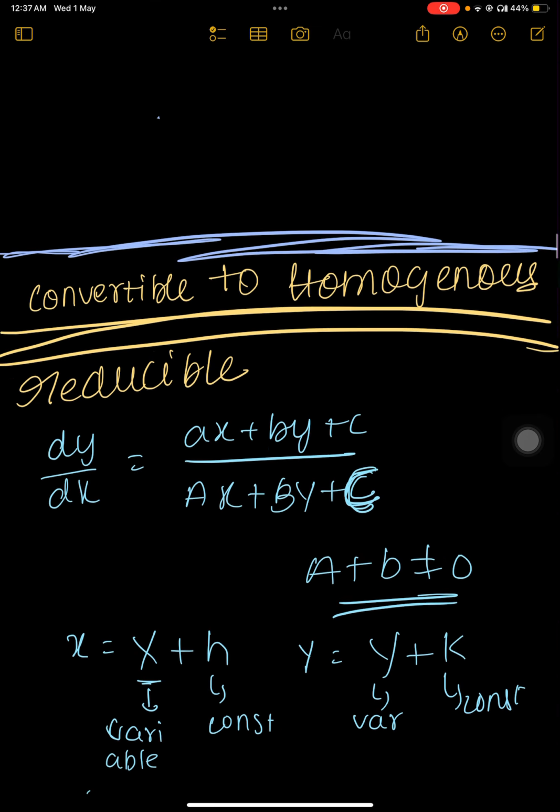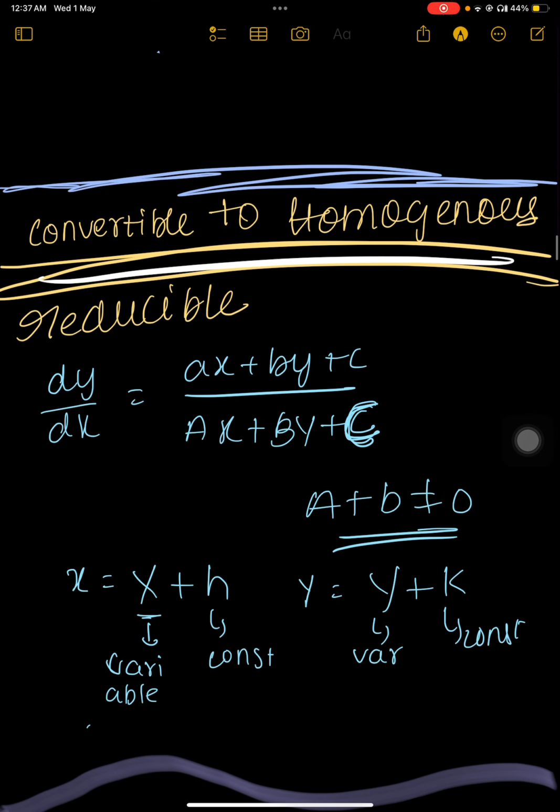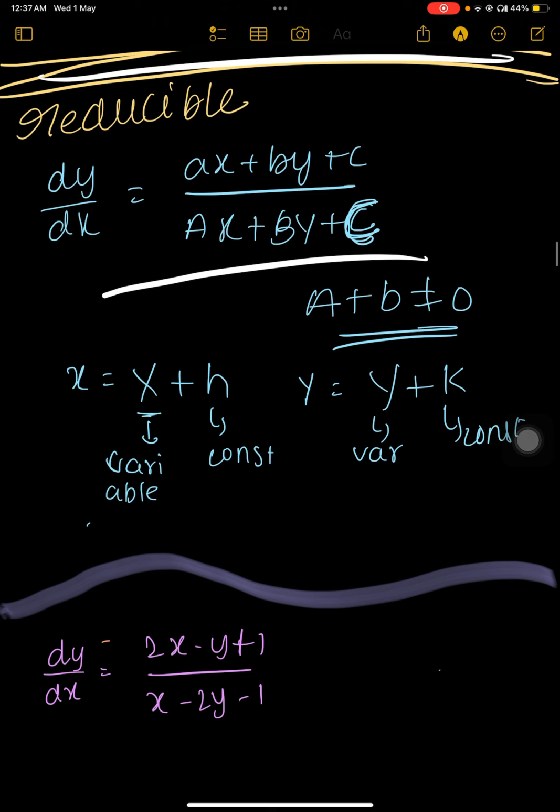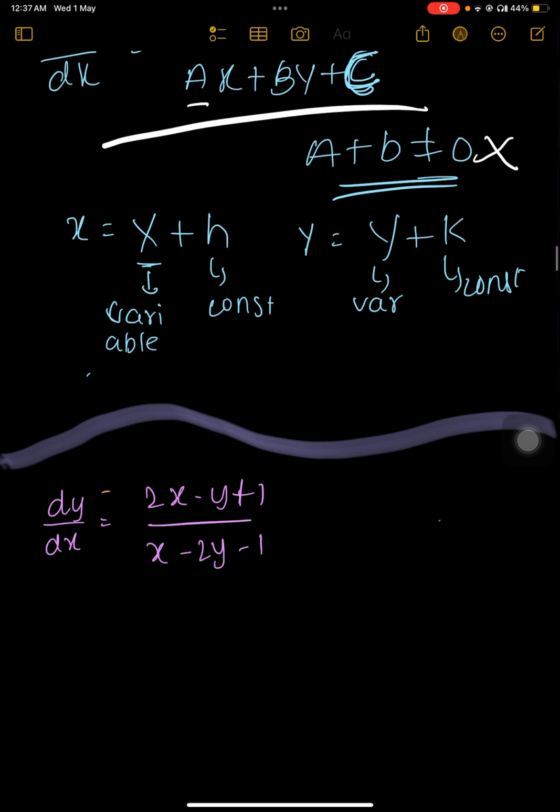There you go. Convertible to homogeneous. This is not homogeneous, but we can convert it into homogeneous. Here this plus this is not 0. In this case, we take x = capital X + some h, and y = capital Y + some constant. Here this is still variable, but this is a constant.